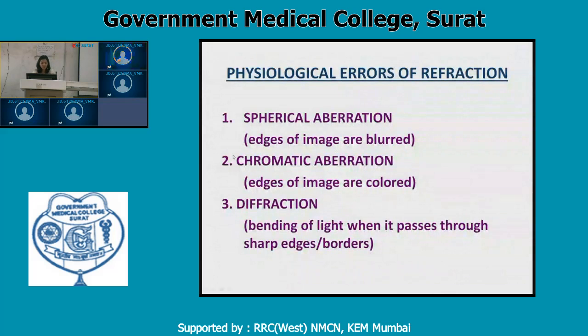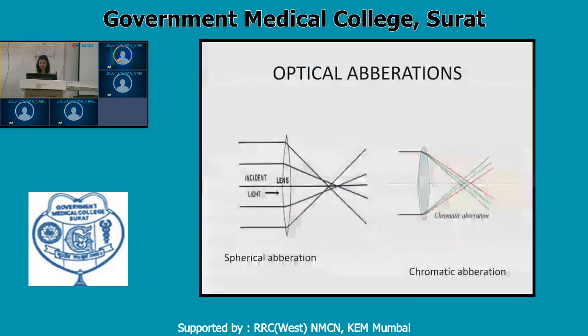Another one is chromatic aberration. Different wavelengths of light have different bending or refraction. The particular lens behaves in a different way for different colors of light. You can see in this image, blue light is focusing in front, green at the back and red at the backmost.